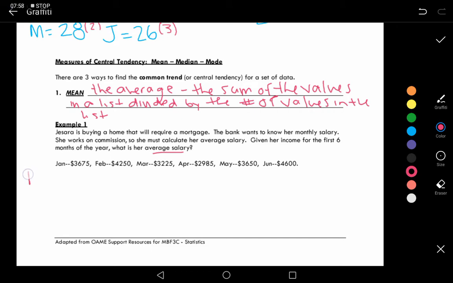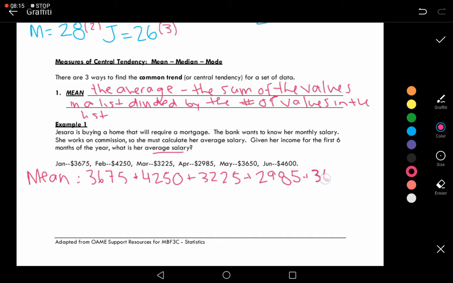So we are calculating the mean here, which means we're adding these together. Plus 2985. Okay, so we're adding up all of those numbers, and there are 1, 2, 3, 4, 5, 6 of them, so we are dividing by 6. Again, you're obviously going to want to take out your calculator, add all of those together, and divide by 6.